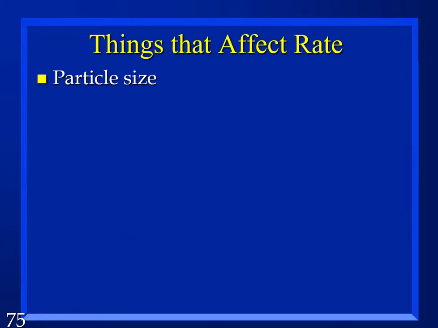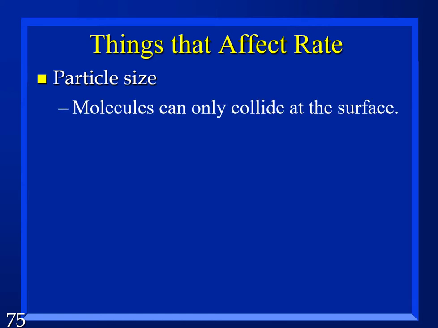Particle size. Particle size affects rate. Molecules can only collide at the surface. In the middle of a clump, the one in the middle can't hit anything else because it's in the middle.